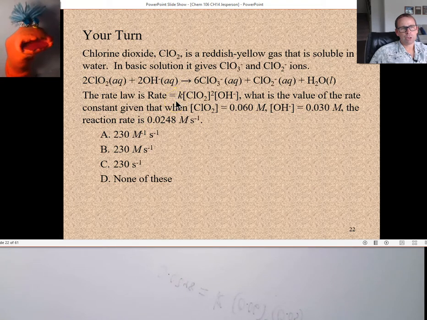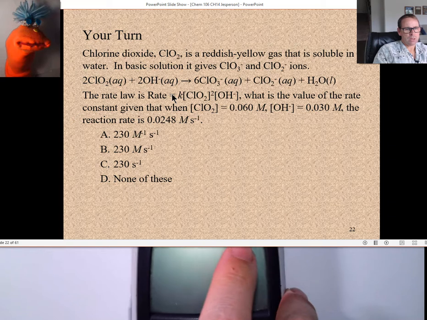Well, can we just plug it in? That's right, we can. So we put 0.06 into here, square it, put 0.03 into here, multiply it by 0.06 squared, and then we have our rate over here, 0.0248, divide by 0.06 squared and 0.03, and that should be our k value. All right, so let's try that.